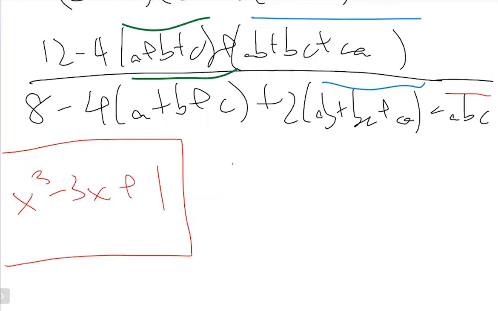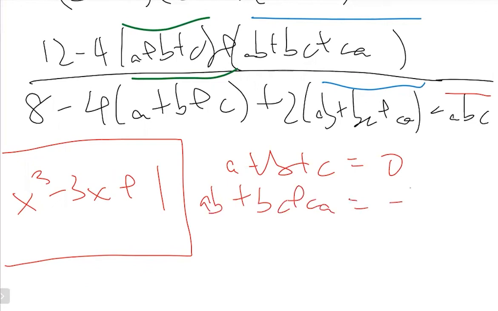So we know that a plus b plus c is equal to 0. We know that ab plus bc plus ca is equal to -3. And lastly, we know that abc is equal to... oh my god, that's sloppy.